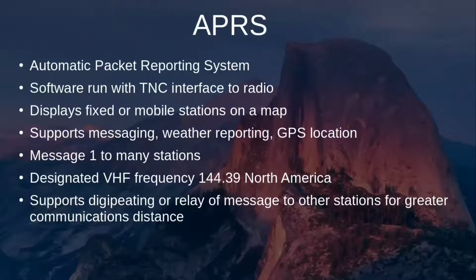In North America, the operating frequency for APRS is 144.39, and this will vary for different countries in Europe and South America. APRS supports digipeating or relaying of messages to other stations for greater communication distance.